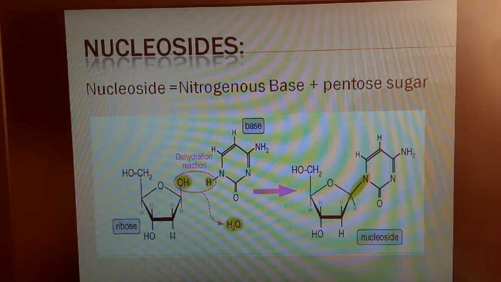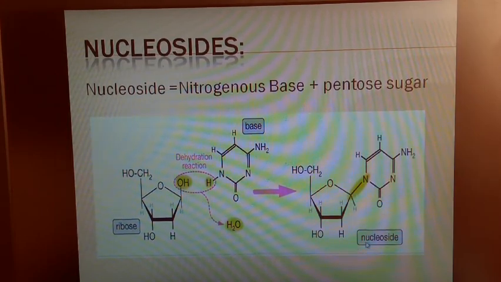If it is OH, then it is ribose. If it is not OH, then it is deoxyribose. So a pentose sugar and a base combine through a glycosidic linkage, and that is what is called a nucleoside.